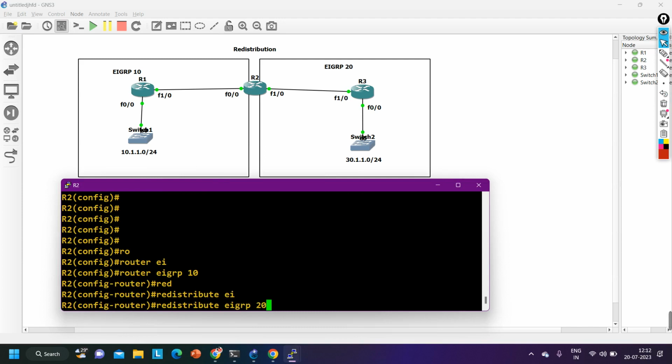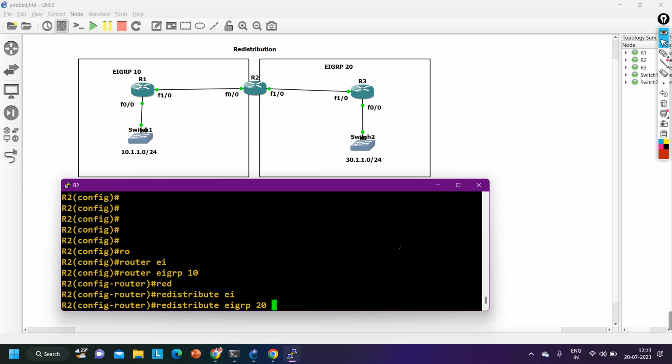EIGRP 20. And if you hit enter here, guys, nothing will happen. Because as you know, EIGRP calculates its metric, and in EIGRP the metric is 10 raised to power 7 upon least bandwidth plus total delay upon 10. So here you have to provide the information of bandwidth and delay. Why?